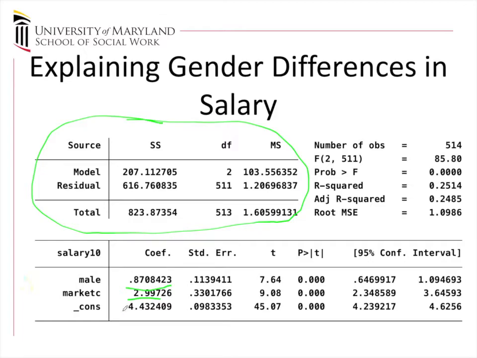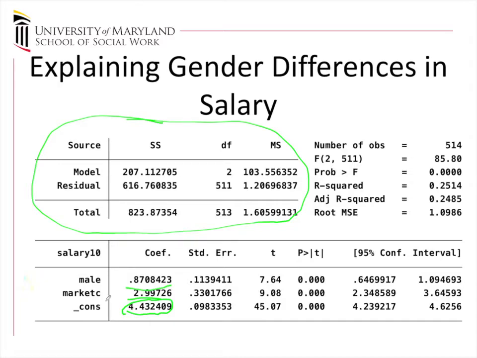Again, a woman at the average market condition makes 43. Now, you notice how I said average market condition? You know why I can say that? Because I just centered the variable. Otherwise, it would have been when the market condition is at 0, and there's actually nothing close to 0. The lowest value is 0.71. So that's out of scale of the variable.